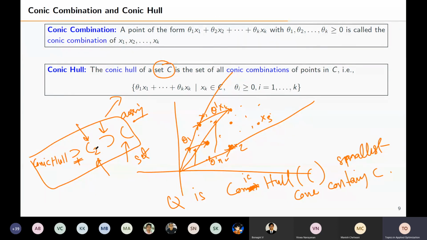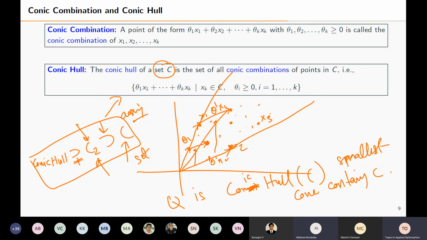Okay, we can prove by contradiction, taking one point that is not present in the cone but is present in the conic hull, and we can arrive at the contradiction that the point must be present in the cone, so that the cone satisfies the property.